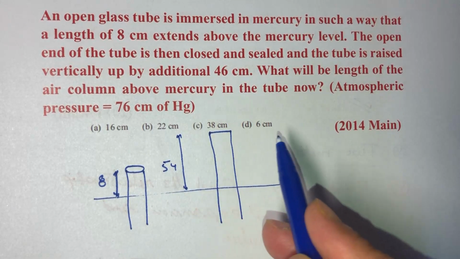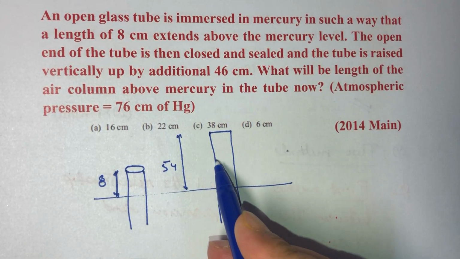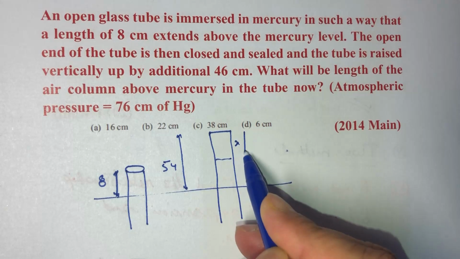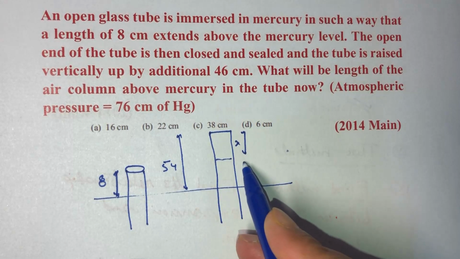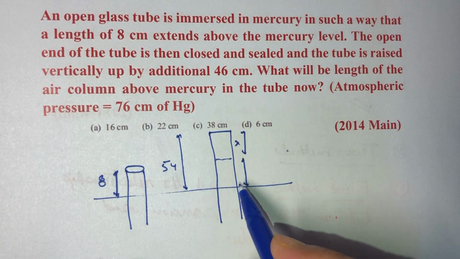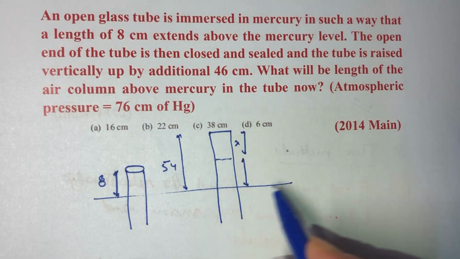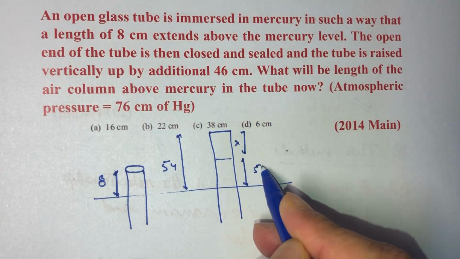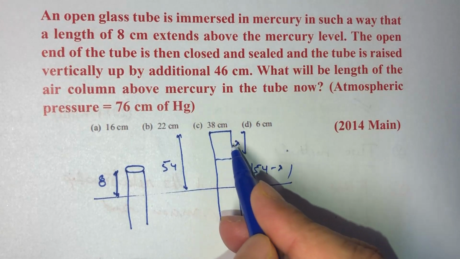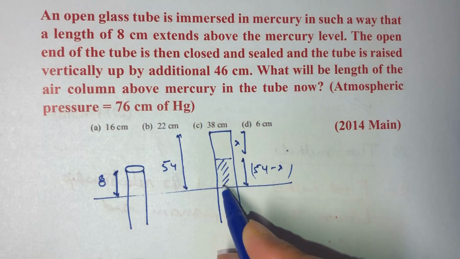Let us say the length of the air column is x. Therefore, the amount of mercury inside the tube above the level of the mercury will be 54 minus x. So this is our air and this is our mercury.